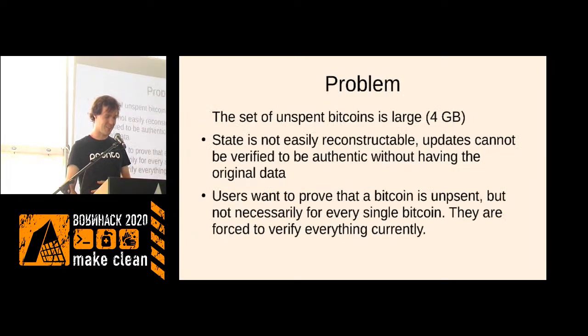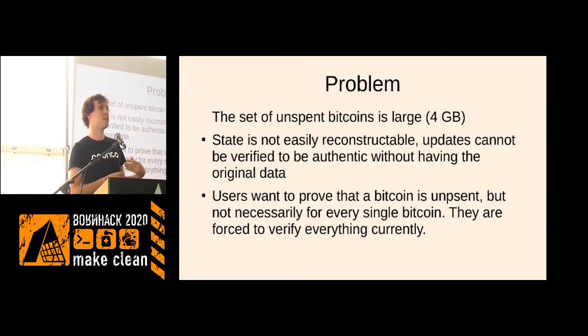Well, let's see. So the problem with Bitcoin is that all the Bitcoin that are not spent, they are called the unspent Bitcoins, they are inferred from the whole blockchain, right? So you have transactions, and each transaction goes into a block, and each transaction will be making an unspent transaction output.